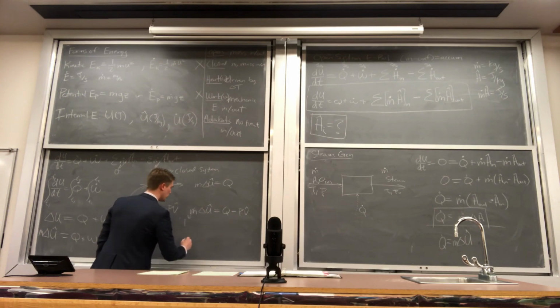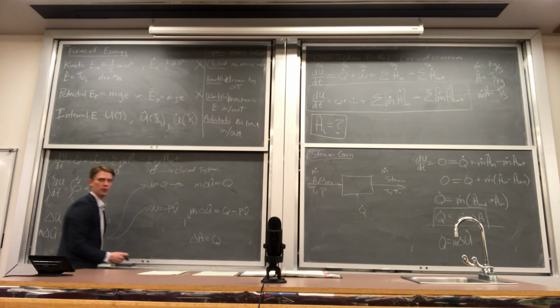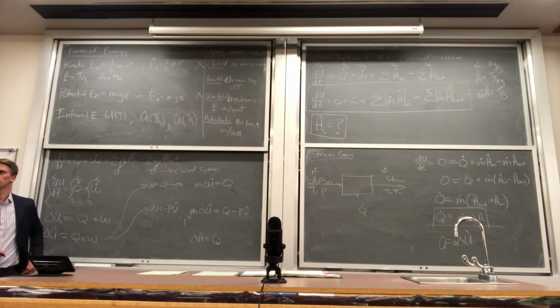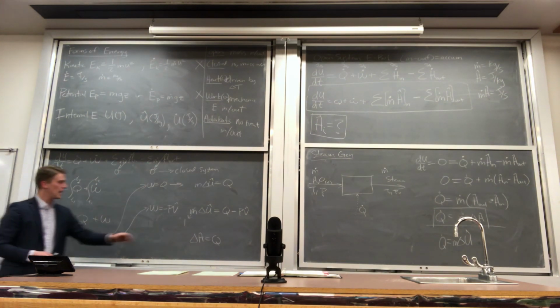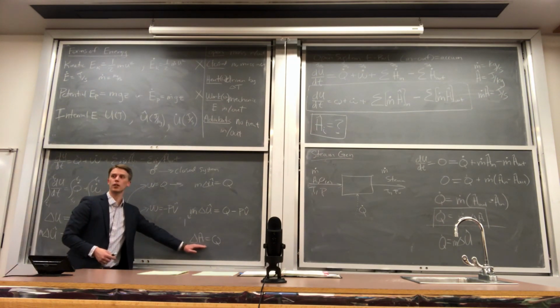But then if we rearrange this expression, we can also find that delta H is equal to Q for a closed system. So delta H is a useful variable even in a closed system.